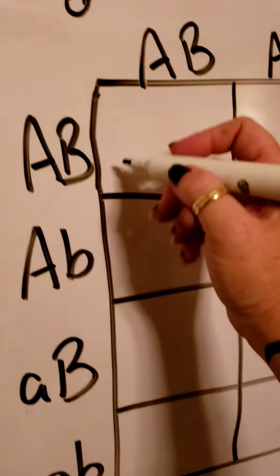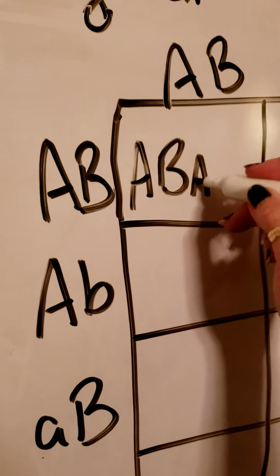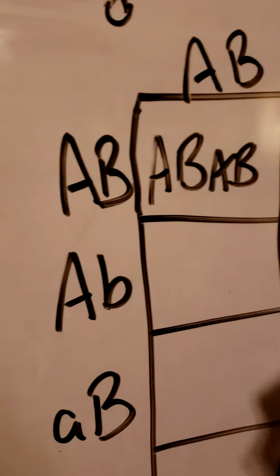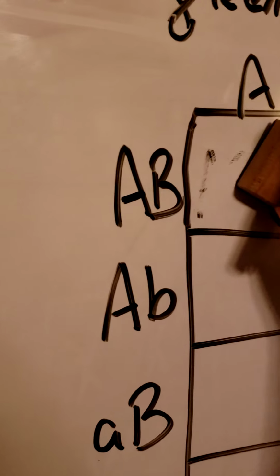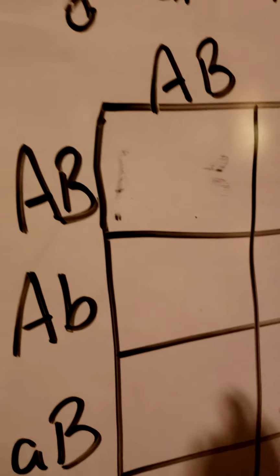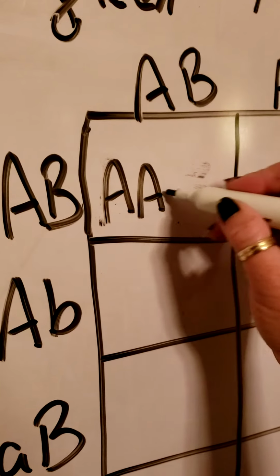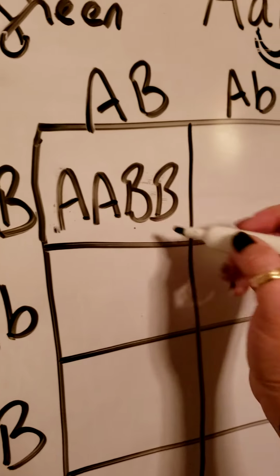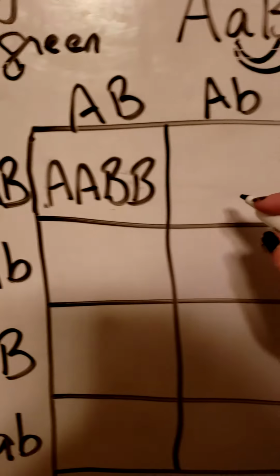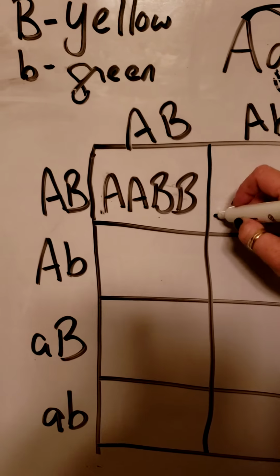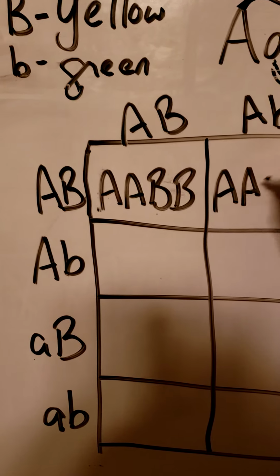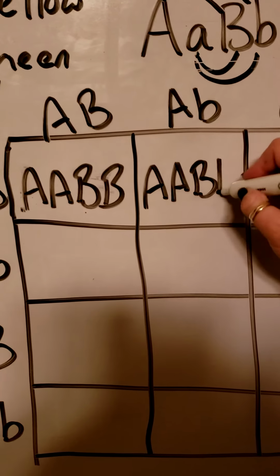We can't just go through here and do this, which a lot of people want to do, because that's a big no-no. We have to put the alleles back together for the trait. So here we would have big A, big A, big B, big B. Here we would have big A, big A, big B, little b. I'm going to pause and fill this out, and I'll be right back with you guys.